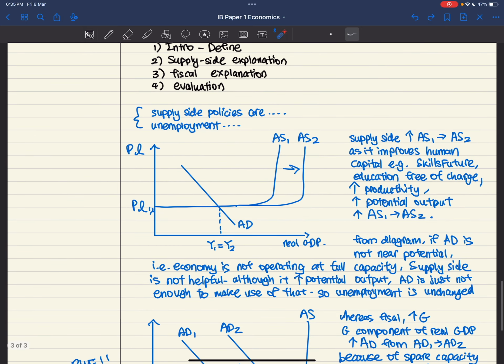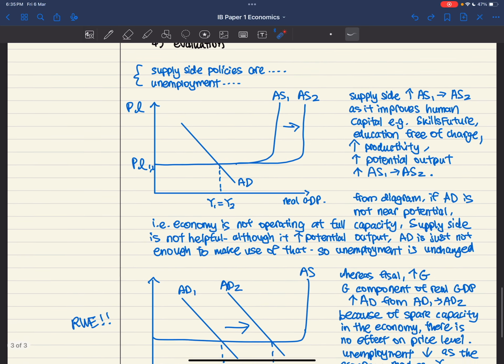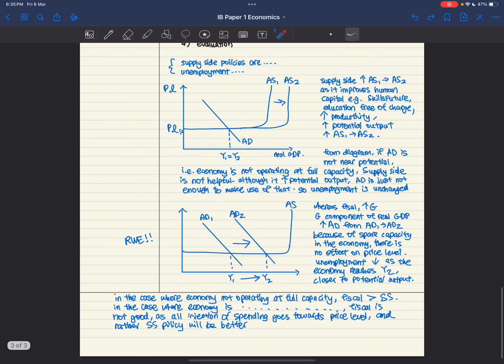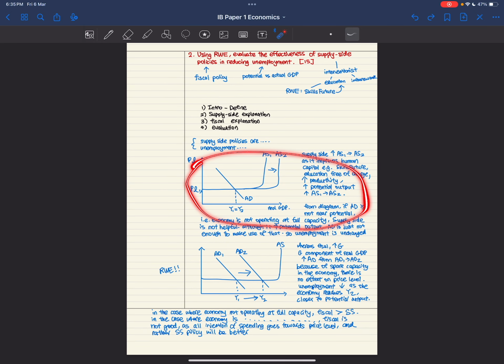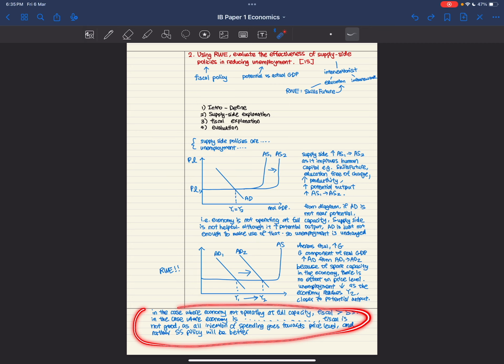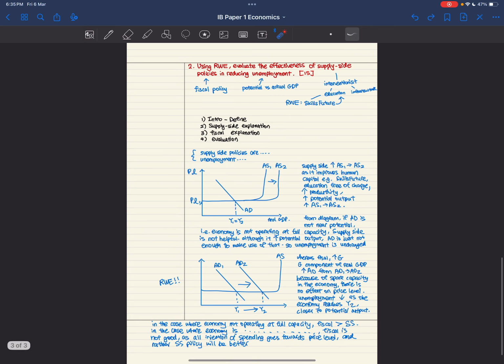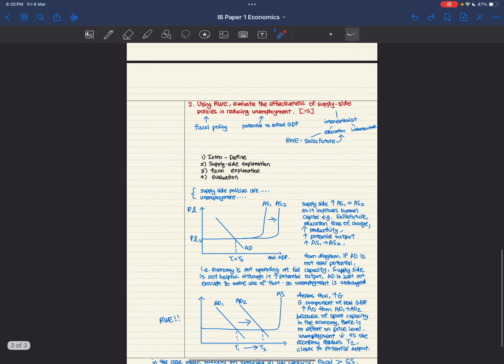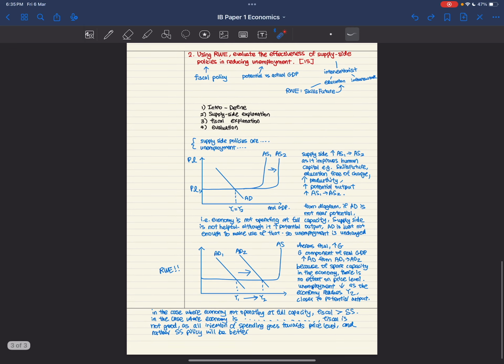Think about your economy, or rather which real world example you're using, and you need to support that. So supply side explanation, fiscal explanation, evaluation. And that'll get you more than 10 marks. So I hope this helped, and all the best for your IBs.